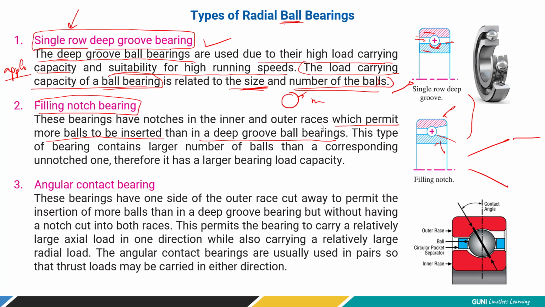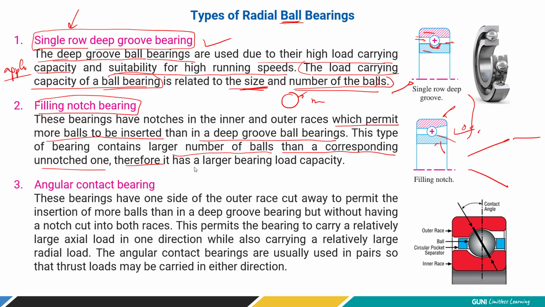Because of such construction, it allows you to accommodate more balls inside the bearing. This type of bearing contains a larger number of balls than the corresponding unnotched one. Means if a similar construction of ball bearing is used, and then you use the notch construction, you can accommodate more steel balls.